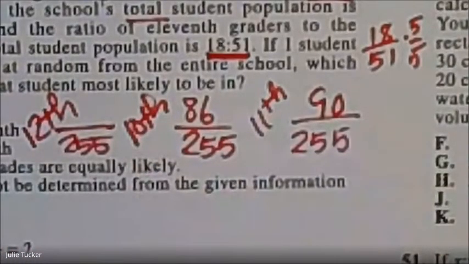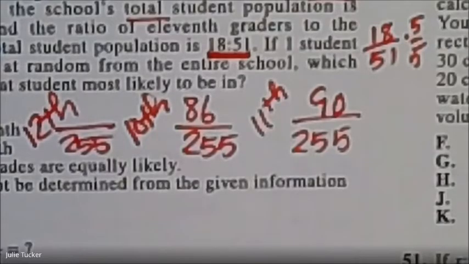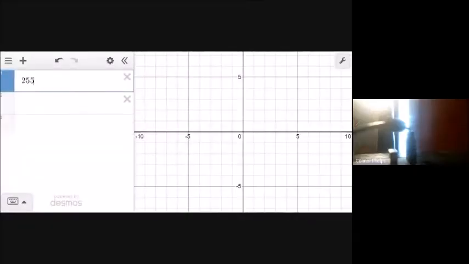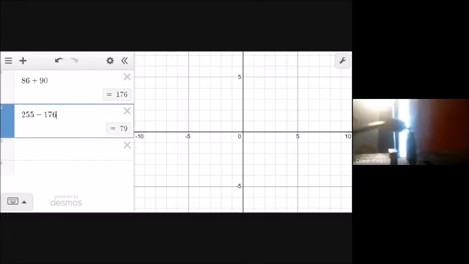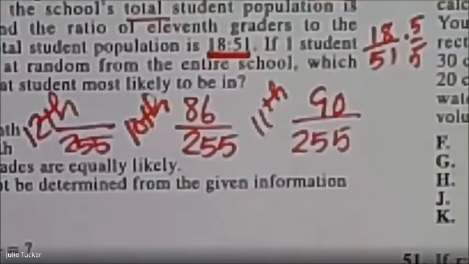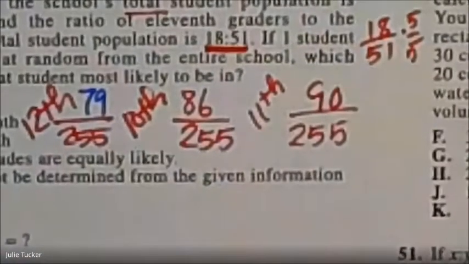So don't they all have to add up to the total? Yeah. So let's do 86 and 90 together and then subtract it from the total. I'll take you back to Desmos. 86 plus 90 is 176. The total is 255 minus 176 is 79. So now we know that the 12th grade is 79 out of 255. Okay.